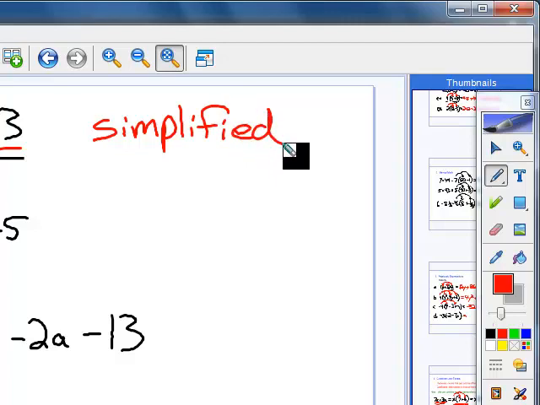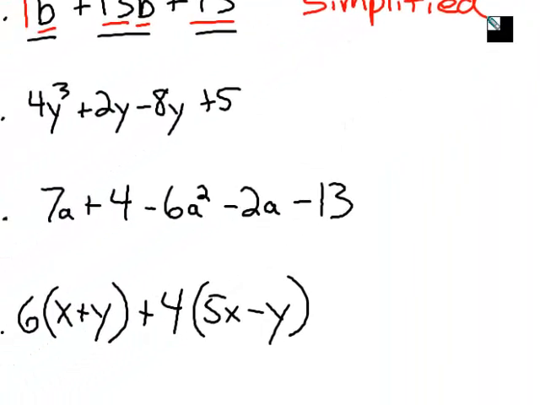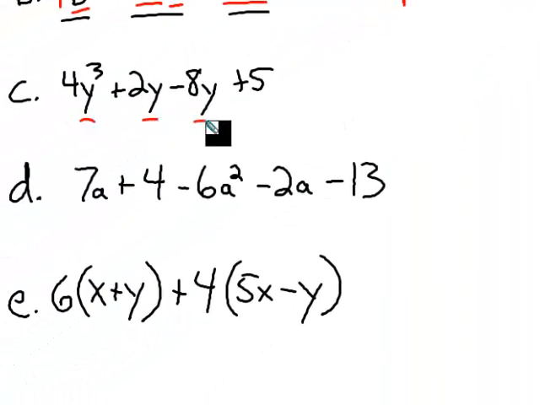Example C. Okay, I'm going to look at that. I got a y cubed. I got a y and a y and a 5. Well, I can combine the two y terms. But I'm going to start with the highest power just because I usually do. Do I have any other y cubed terms? No, so I'm just going to write 4y cubed.